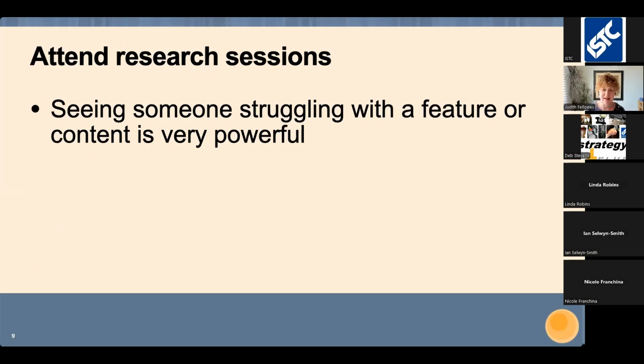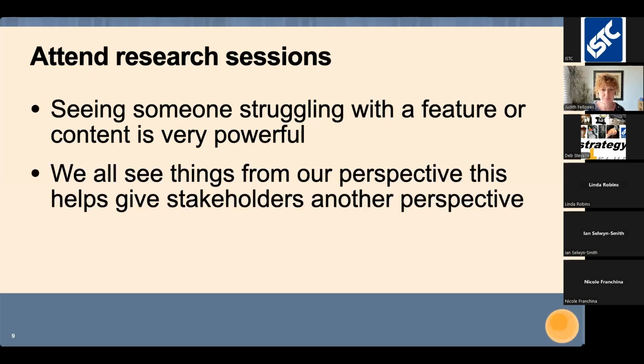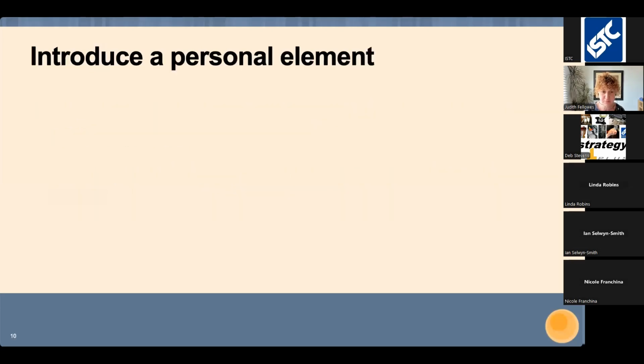Because we all tend to think from our own perspective and design for ourselves, and that's why we use personas. So if you can encourage them to come along, and if they don't come along, get some video clips in there so they can at least see those key moments. So introducing a personal element.